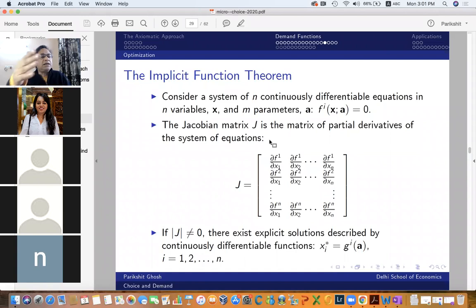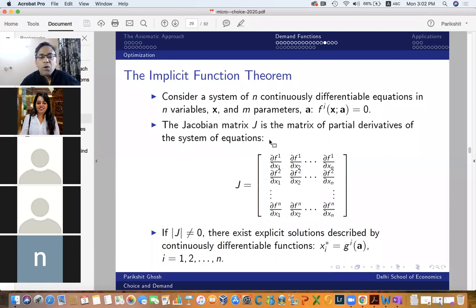So there again, the model boils down to a system of equations, isn't it? In each market, demand equals supply. If there are n goods, we have n market clearance conditions. That defines the model. So in abstract general terms, we can think of an economic model as a system of equations.